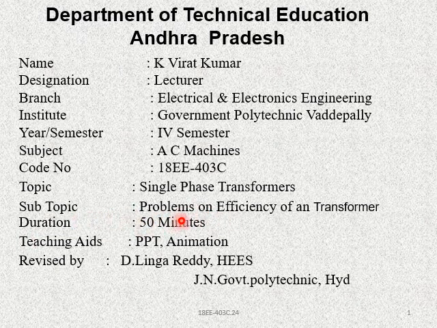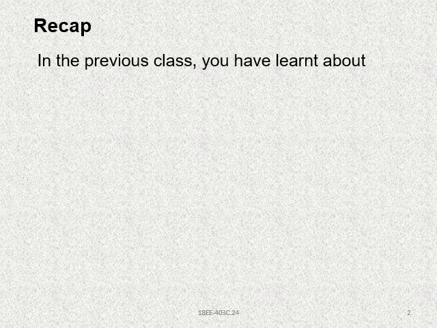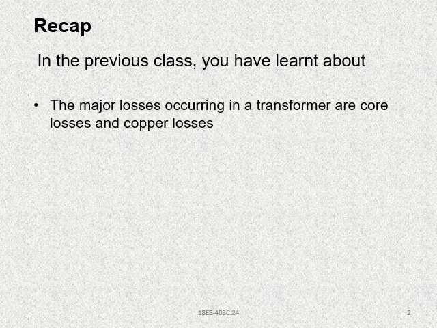Okay, so the topic is problems on efficiency of a transformer. In the previous class we have learnt that the major losses occurring in a transformer are core losses and copper losses.